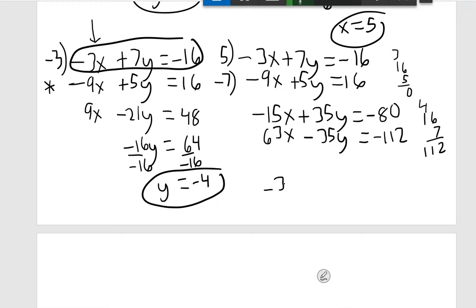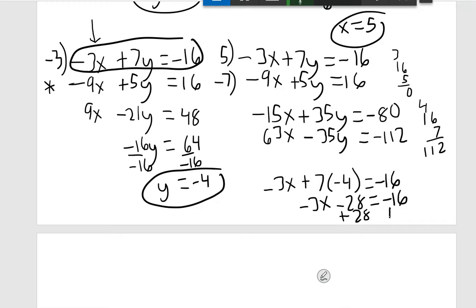So -3 times x plus 7 times, we now know that the y is -4. So now we have -3 times x minus 28 equals -16. And we would add 28 to both sides. Sorry, I'm running out of space here.